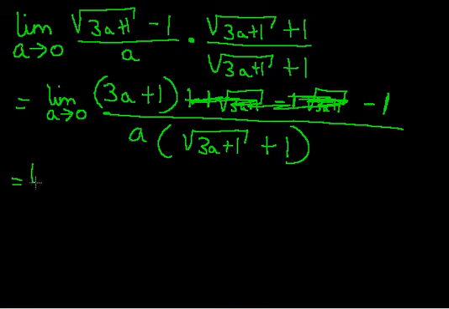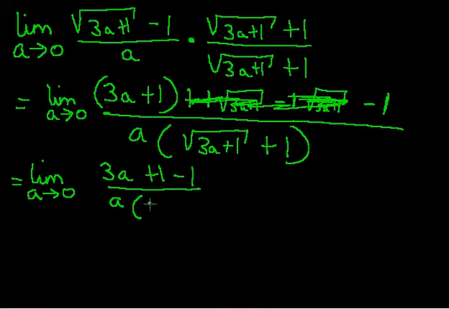And so we are left with the limit as a tends to 0 of 3a plus 1 minus 1 over a times the square root of 3a plus 1 plus 1. Now we have a plus 1 and a minus 1, so those cancel each other out.